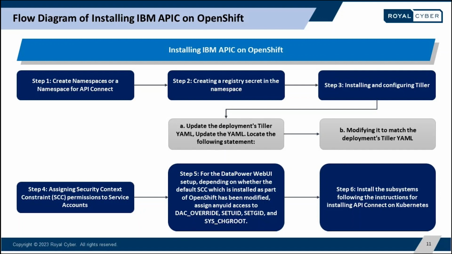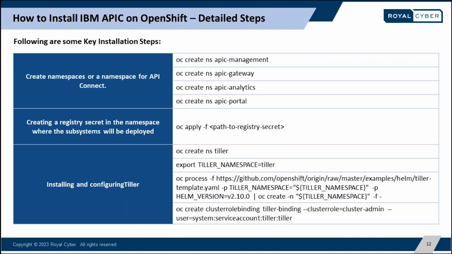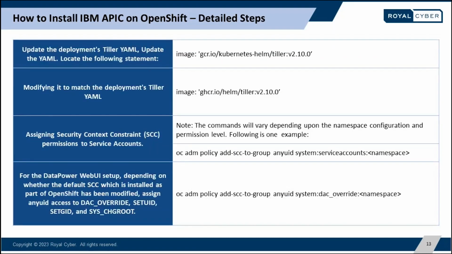As you all know, APIC can not only be installed on the OpenShift platform, but you can also set up API Connect on a VMware setup. We have provided more slides to give an idea of the details of each step. What we explained on the first slide was at the highest level.